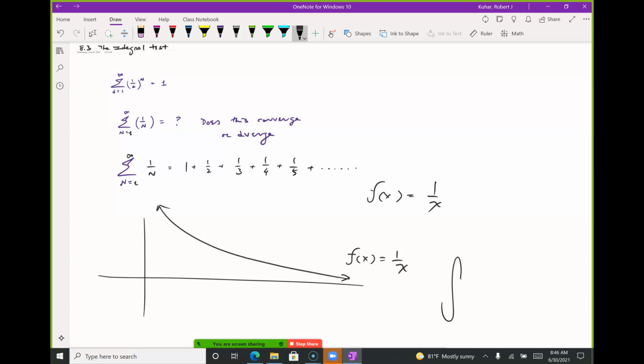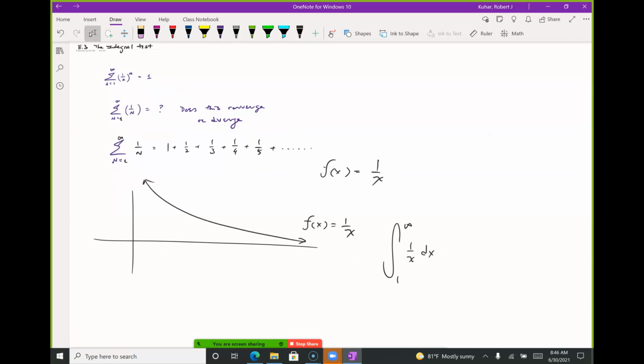And what do you know already about the integral from 1 to infinity of 1 over x dx? What do you know about this one? It's divergent. Divergent by? You remember? P-series. I need that 1 over x to the p.